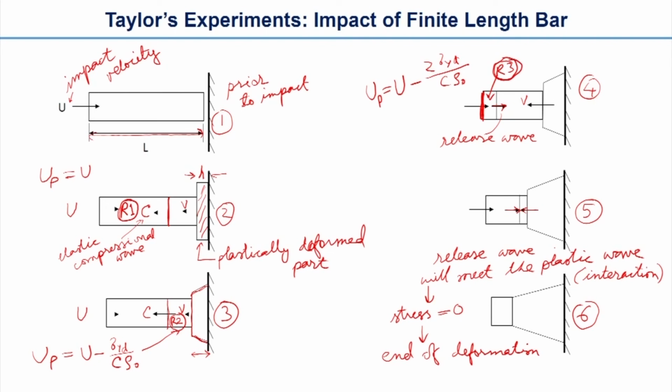In region 1 it is only the impact velocity of the bar, and in regions 2 and 3 we have both the impact velocity and the particle velocity contribution from the elastic wave contributing to it.